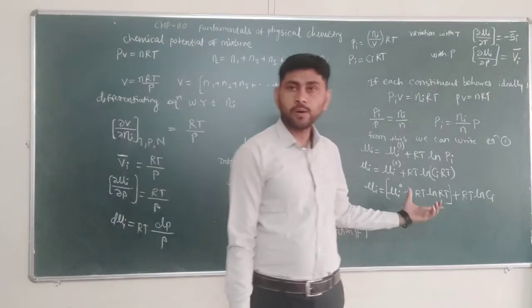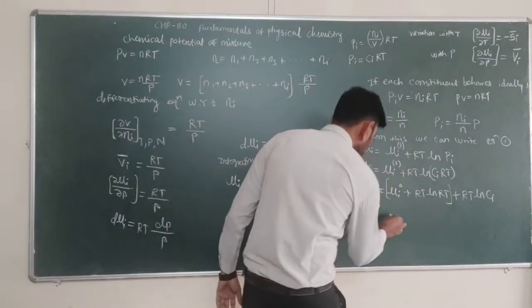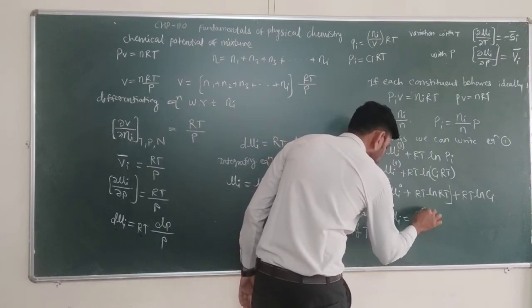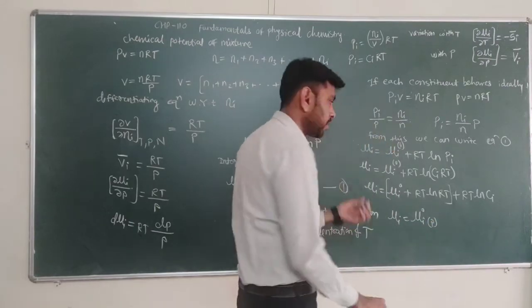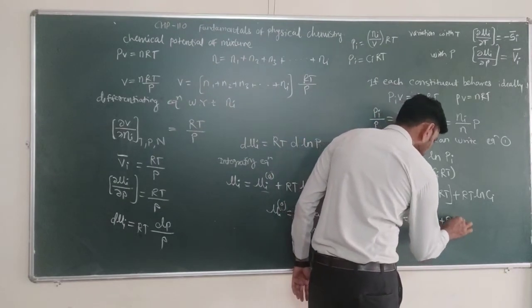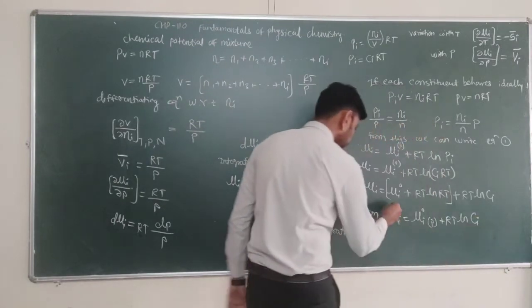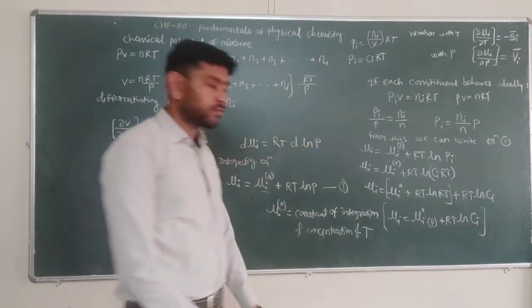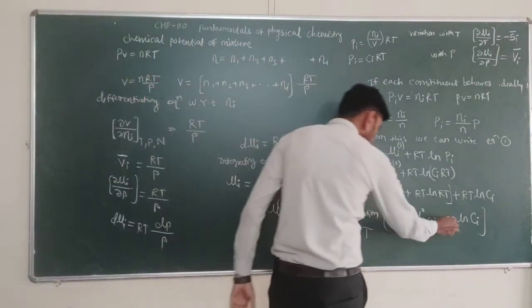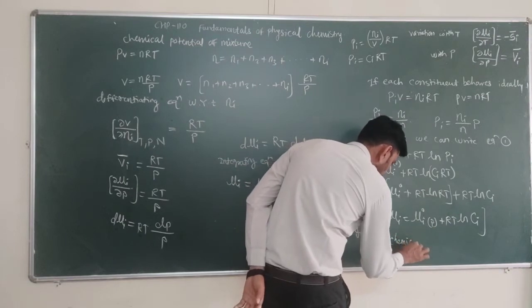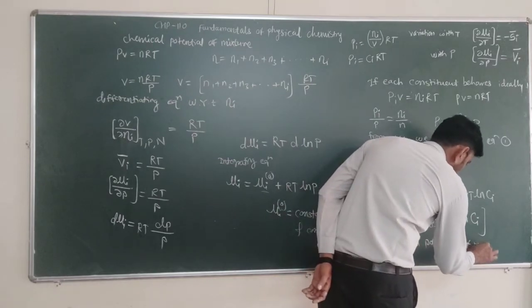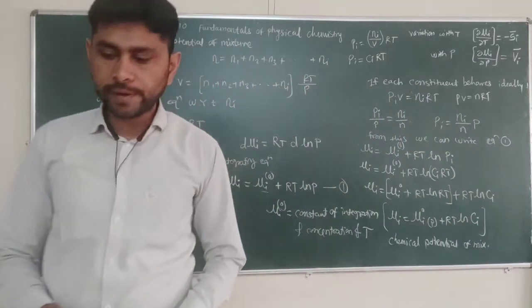So this term is a constant term, and we replace it by another constant term, mu I0 P. So mu I equal to mu I0 P plus RT ln Ci. So this equation represents the chemical potential of a mixture of ideal gases.